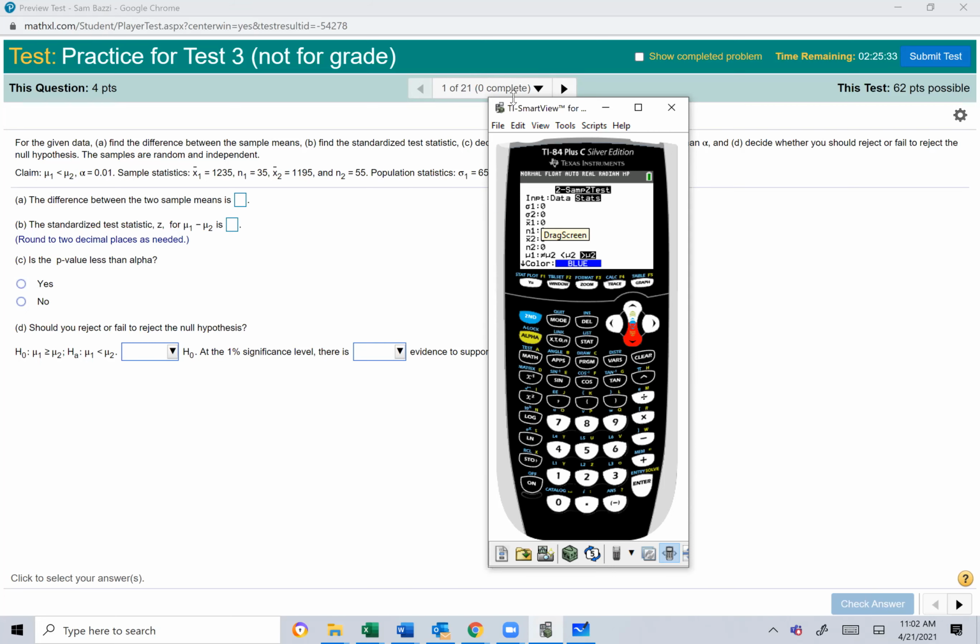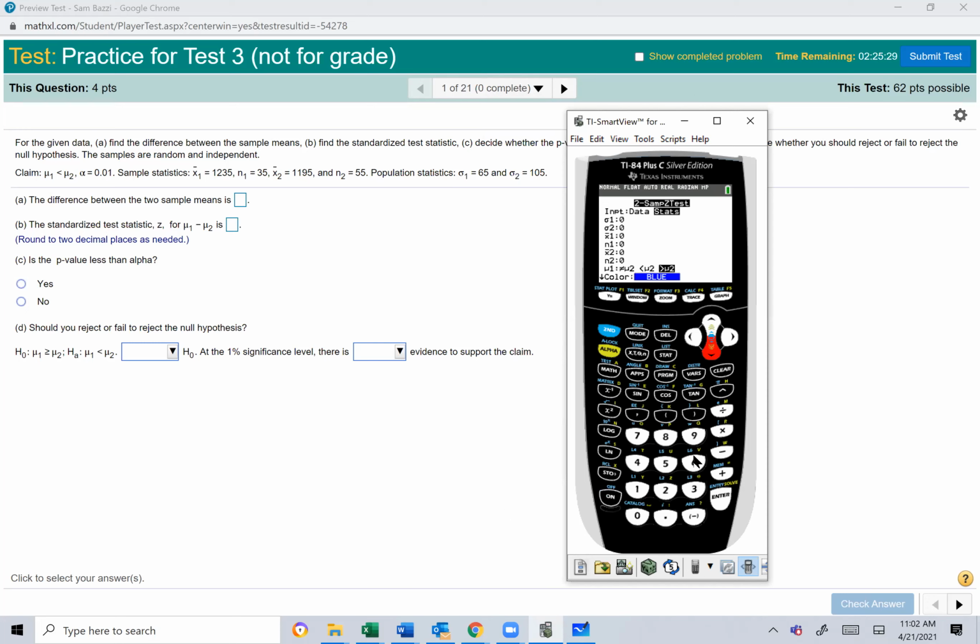Sigma 1 is 65. Sigma 2 is 105. x1 bar is 1235. n1, as you can see, is 35. x2 bar is 1195. n2 is 55.